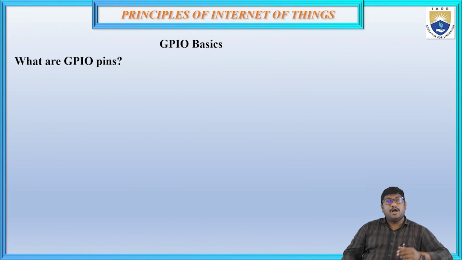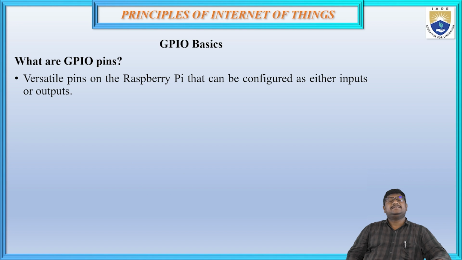Now I am going to let you know about GPIO basics, what GPIO is and what the basics are. Here, what exactly are GPIO pins? They are versatile pins on the Raspberry Pi, which can be configured either as inputs or as outputs.